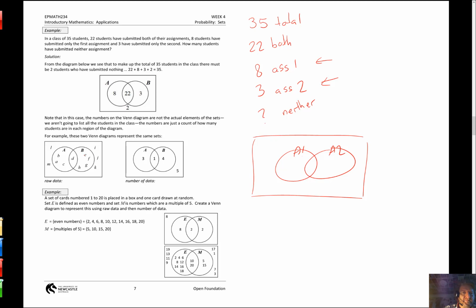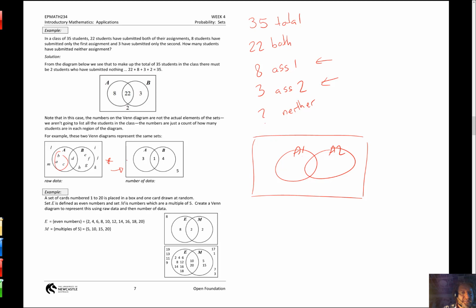You can see here that here's some raw data. Set A is A, B, C, D, set B is D, F, G, H. The universal set goes from A all the way through to M. But these 2 Venn diagrams are the same thing.